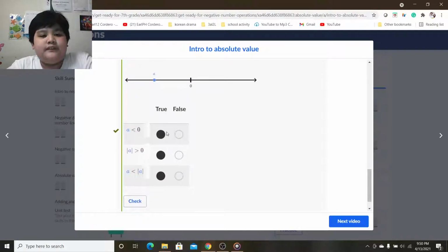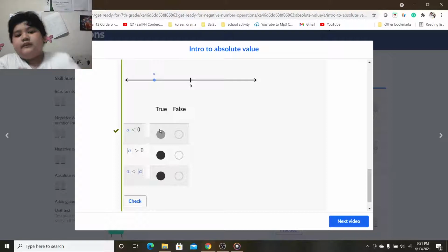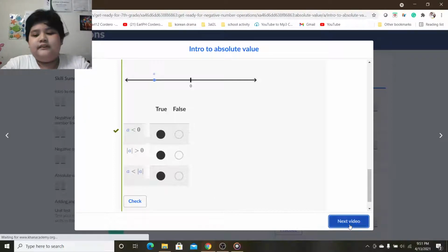Okay, I was just guessing now. I read the symbol wrong. A is less than 0. Okay, next.